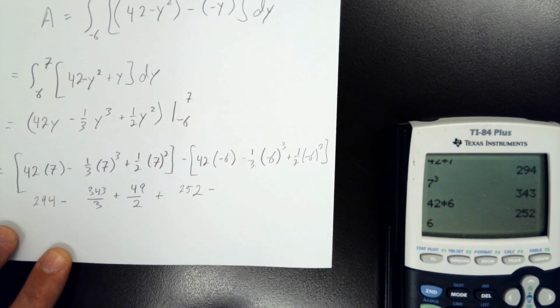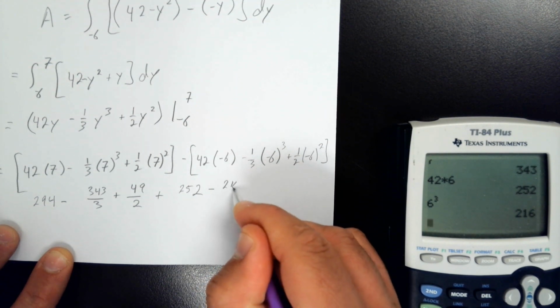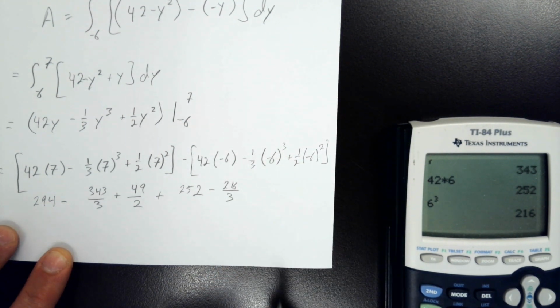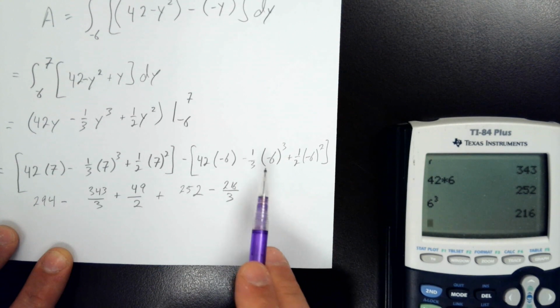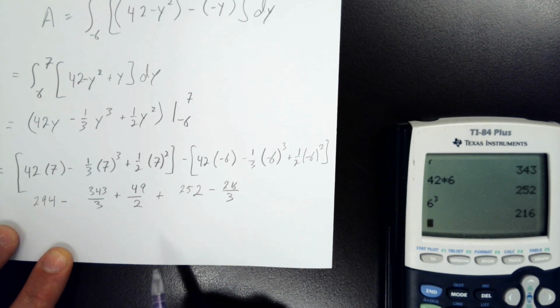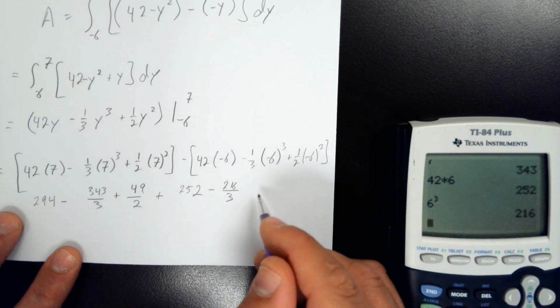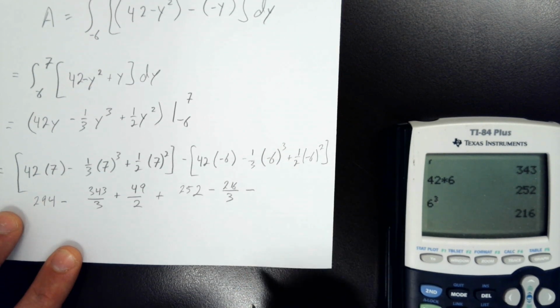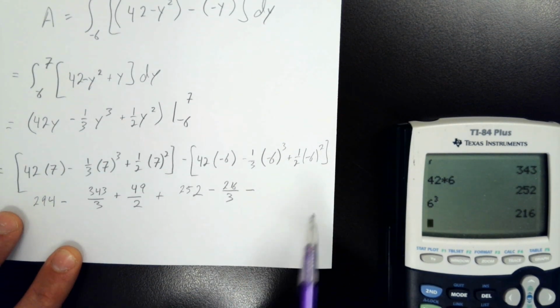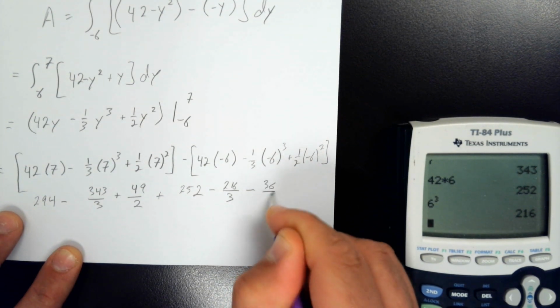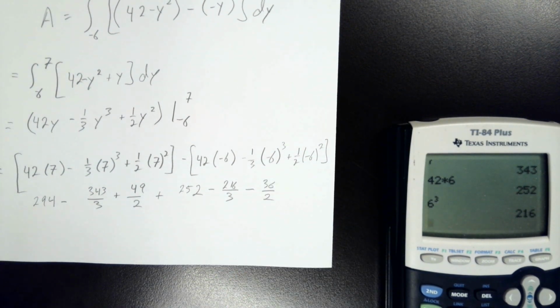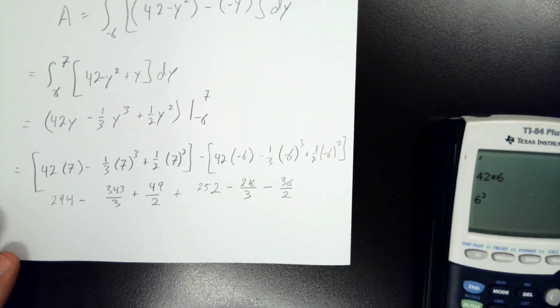6 cubed is 216 over 3. And let's see, this is going to be a negative and a negative here. The negative is going to be squared, so that's going to go away, so I have a negative here. 6 squared is 36 over 2. And if you want to simplify all that, you can.